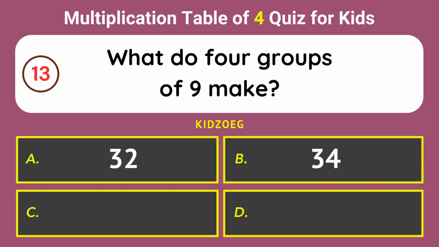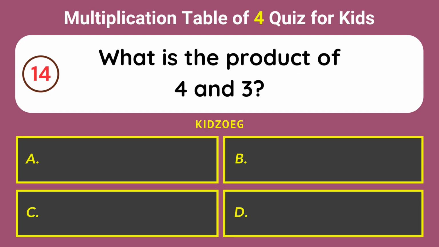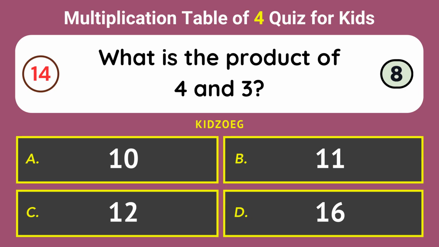What do 4 groups of 9 make? $36. What is the product of 4 and 3? $12.